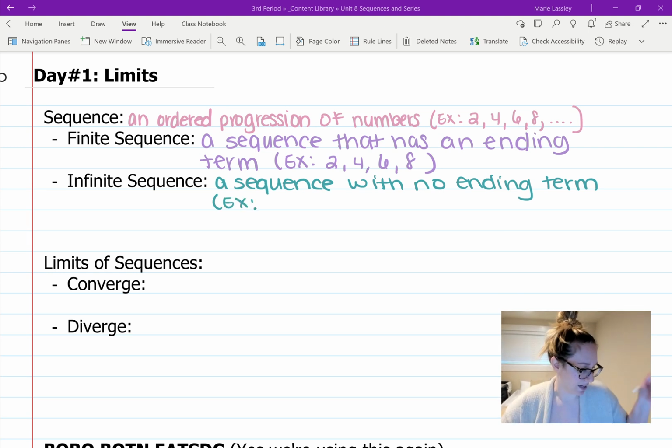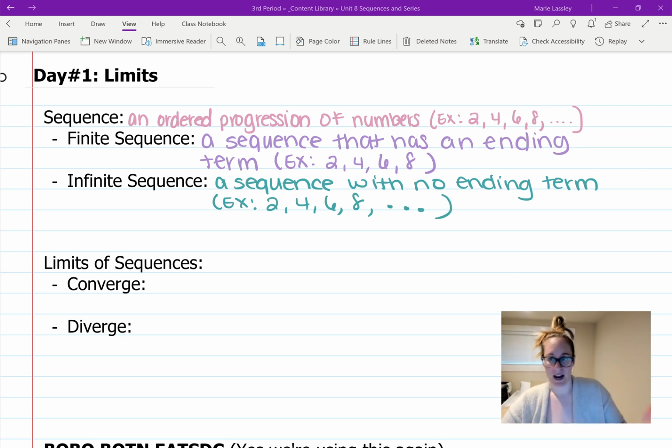You have the dot, dot, dot at the end: 2, 4, 6, 8, dot, dot, dot. That indicates it will keep going. There are more numbers after 8. So this is an infinite sequence. All right, so finite has an end, infinite, no ending. That's the basic summary of that section.